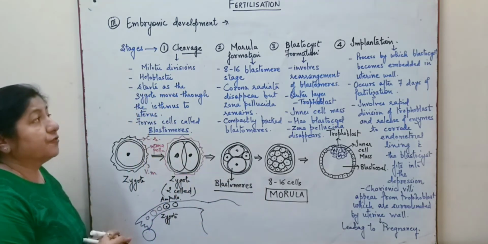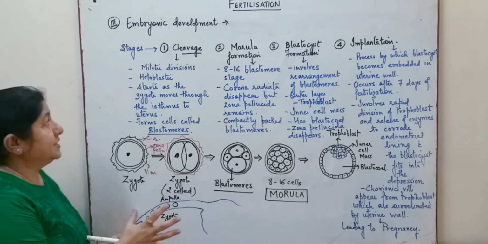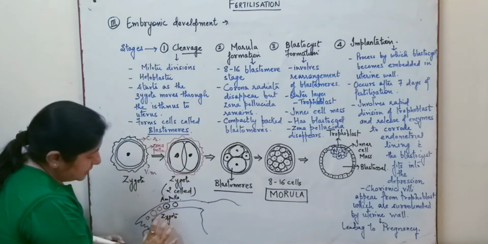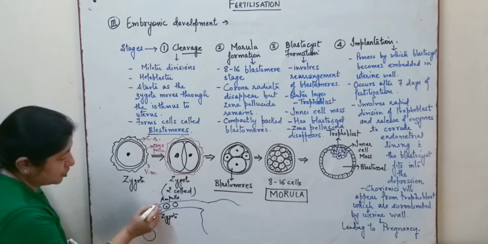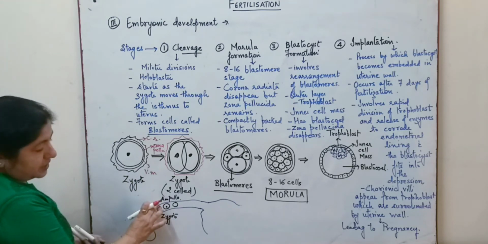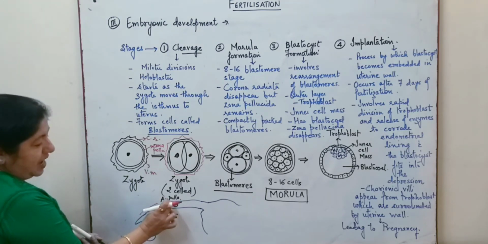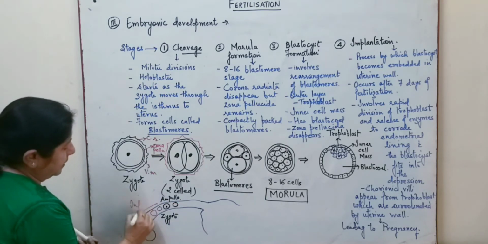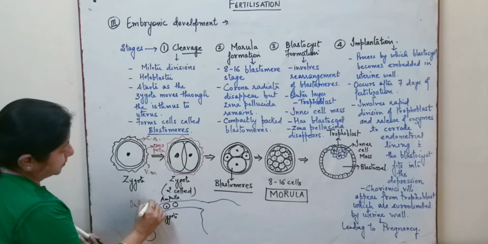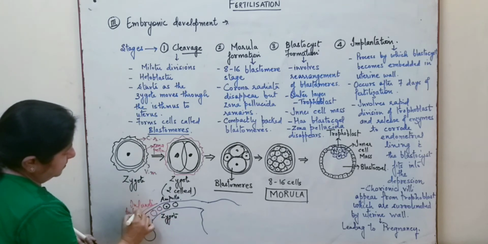So, in the case of cleavage, which is the first stage, after the ovulation has taken place, the fertilization happens in the ampulla region. This is the infundibulum region.